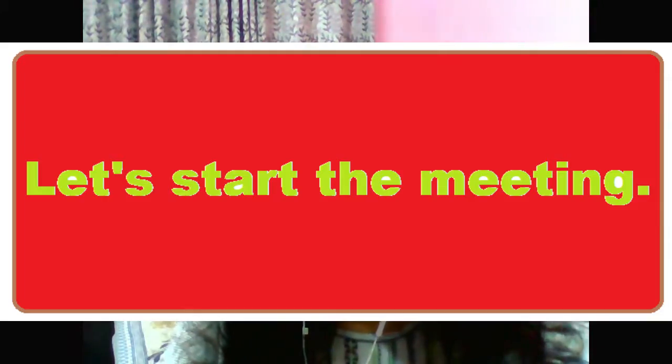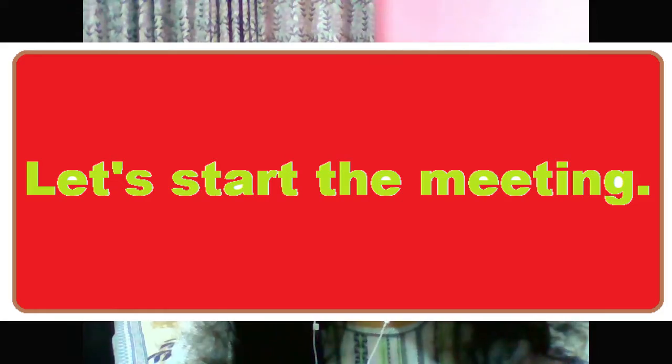Example number 1. Let's start the meeting. Simple, isn't it? If I have to write it formally, I will say, let us start the meeting. But in its contracted form, I have written it as, let's start the meeting. One more example. Let's go to the party. Let us go to the party.